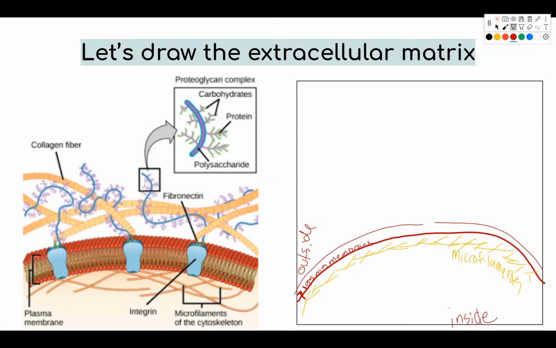So then working our way up, embedded in these plasma membranes, we'll talk about all of the stuff that's embedded in the plasma membranes tomorrow, but this one specifically are our integrin proteins, which are just going to be like little blobs on our cell. That's going to be our integrins. These are our integrin proteins.